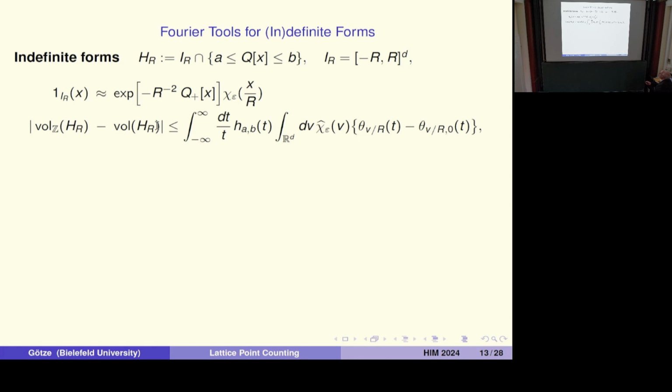We rewrite the indicator function of this box by means of an infinitely differentiable function kappa and some weight which is near the origin. It's nearly 1, and later on it's more. The reason for doing it is we do a twofold Fourier inversion, one for the ellipsoid values between A and B, so this is a one-dimensional Fourier inversion, and for the box we do a d-dimensional Fourier inversion.